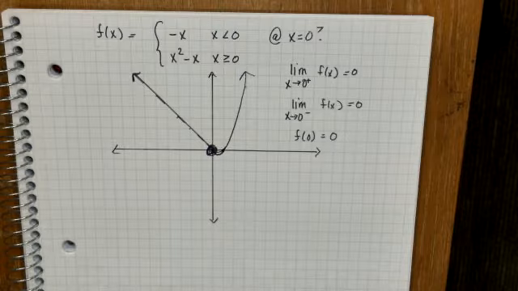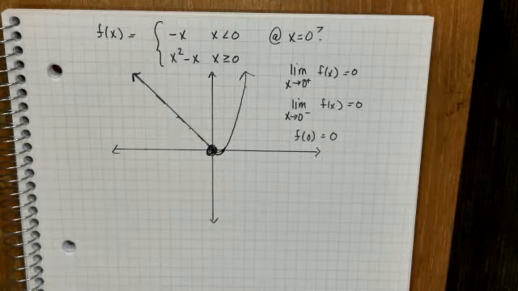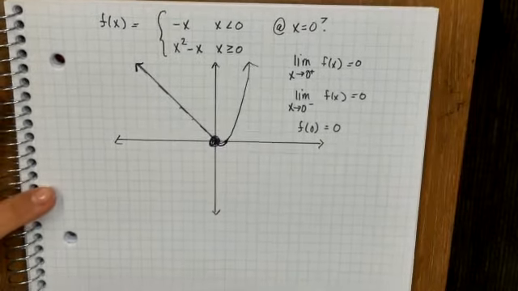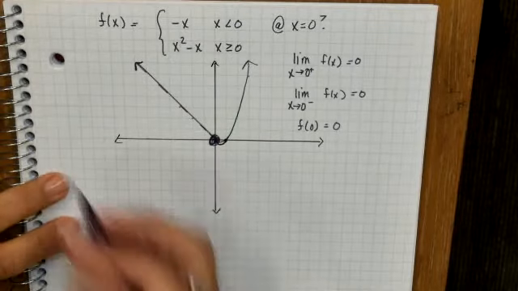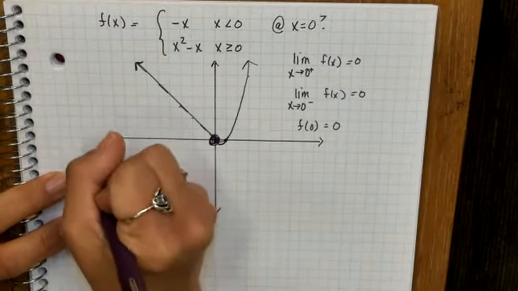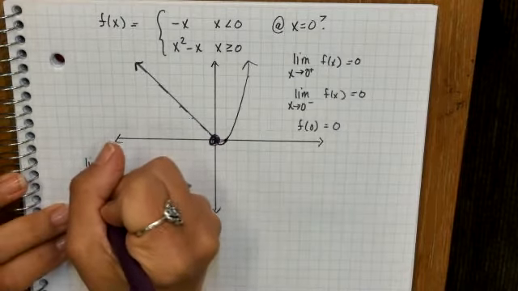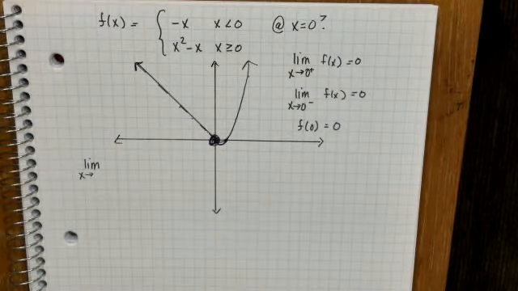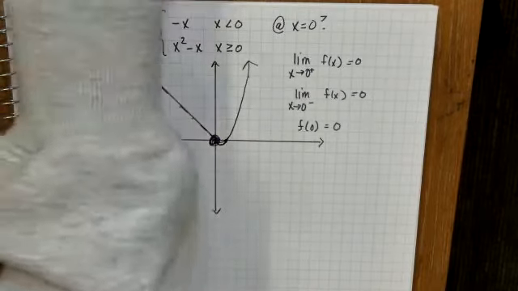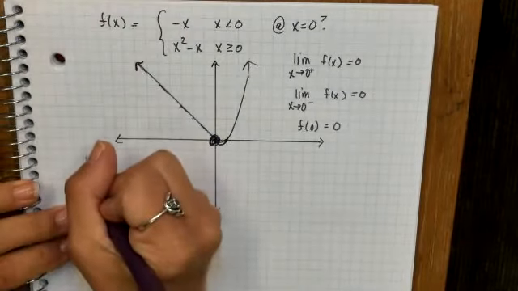Okay, let's find the actual slope of this tangent line. Don't be fooled. The slope of the tangent at 0 is actually not 0. So let's do the limit as, not x, h approaches 0, but we're going to do this twice.